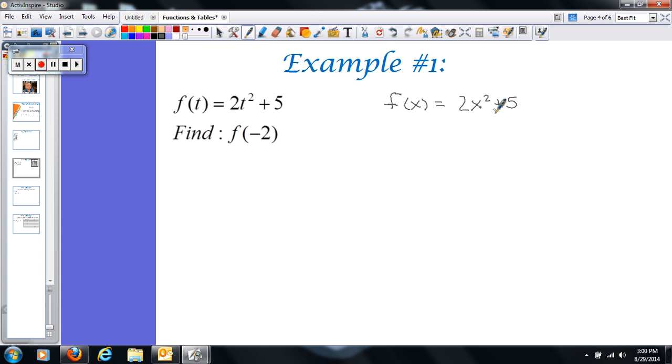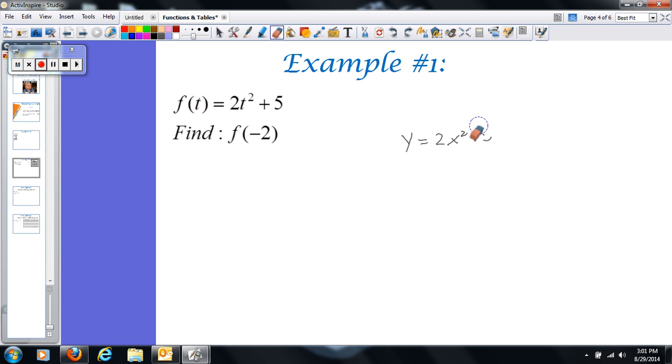Something else that you need to be made aware of is that f of x and y are actually interchangeable. I could say that y equals 2x squared plus 5 as well. This is just what we call function notation, and we're going to be using function notation quite regularly in this class. So just be aware of that.